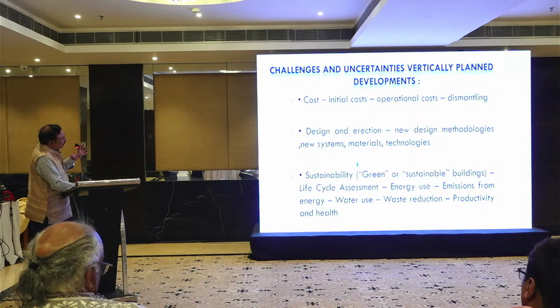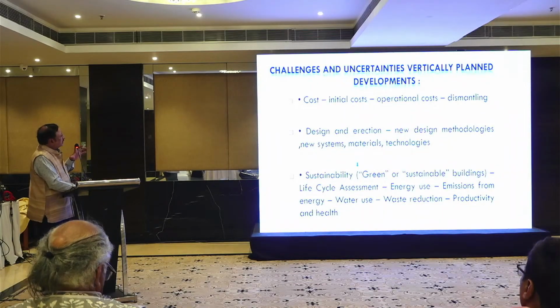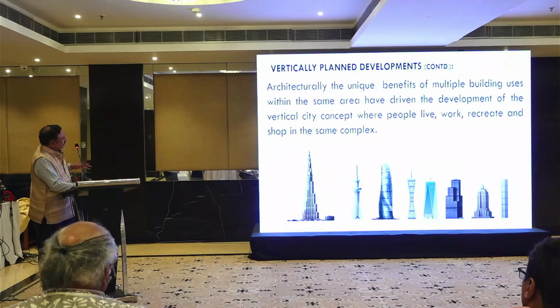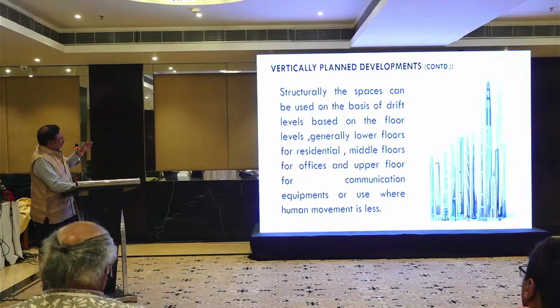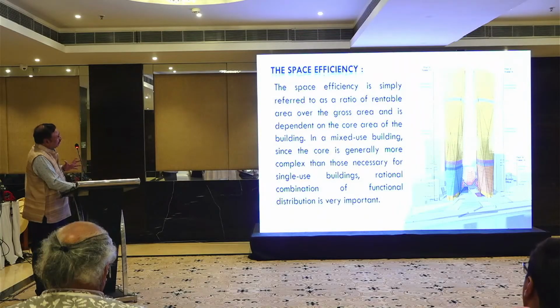He has also kept in mind, because he's an architect and a practicing engineer, challenges like cost, erection, fabrication. These are things that we need to do, sustainability also. And this is how, with some example, he has done it. Vertically planned spaces and all that. And efficiency of the space is very, very important, because of how to use it, the functional utilities.